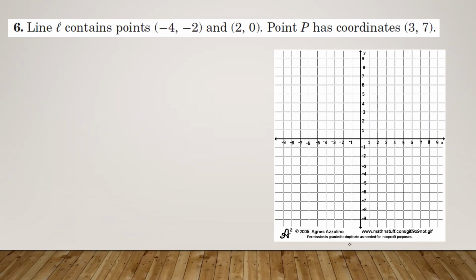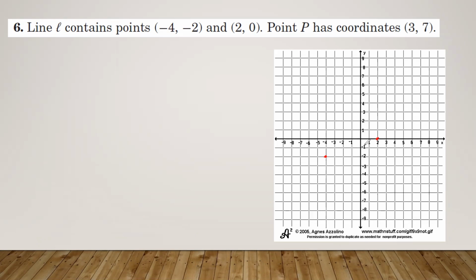Okay, so first thing, number 6 says that line L contains points (-4, -2) and (2, 0), and point P has coordinates (3, 7). If you want to get a visual of this, you would put a point on a graph at (-4, -2), and then a point at (2, 0).